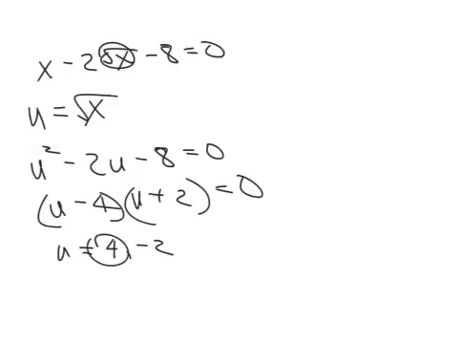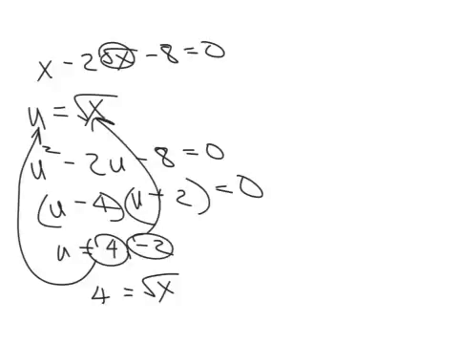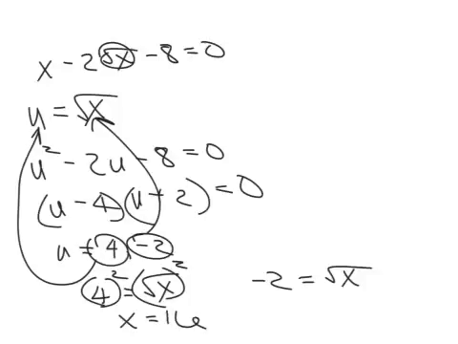Now take the 4 and plug it in: 4 equals square root of x. Put negative 2 in there: negative 2 equals the square root of x. To get rid of the radical, you square both sides. x equals 16, and x equals 4.